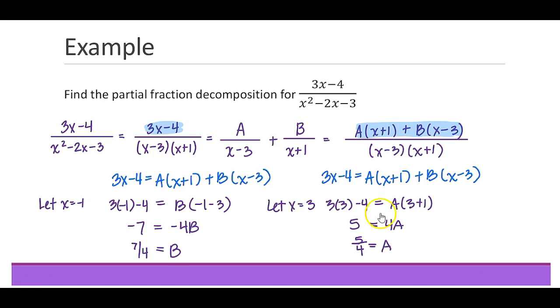So we do get the same exact partial fraction decomposition. 5/4 was a, so that goes on top of x plus 1. It's important to keep the same variable, depending on how you labeled it, above the correct denominator. So simplified, we'd have 5 over 4 times the quantity (x plus 1) plus 7 over 4 times the quantity (x minus 3).